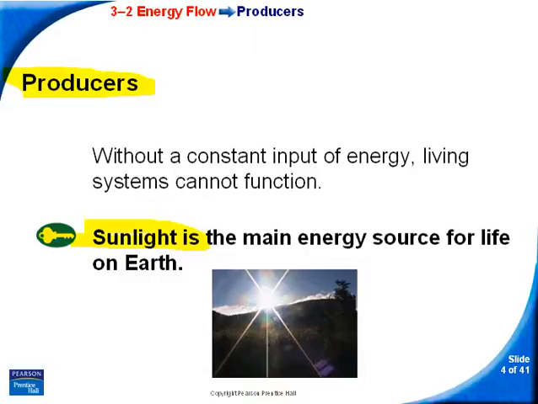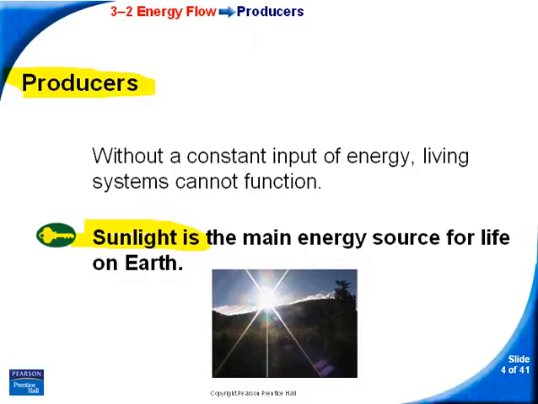And the question then is, where did the plant get its energy from? It got its energy from the sun. If it was a dinosaur, where did that dinosaur get its energy from? Well, it may very well have eaten a plant. Where did that plant get its energy from? The sun.